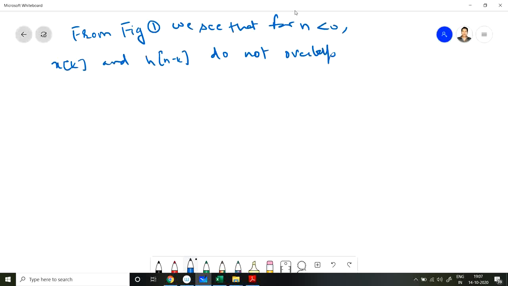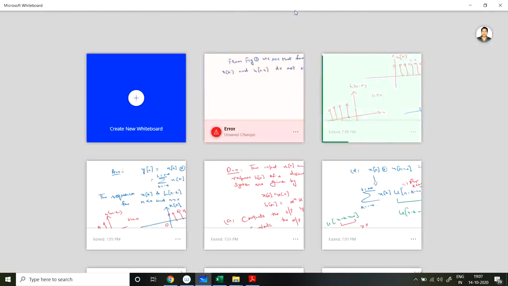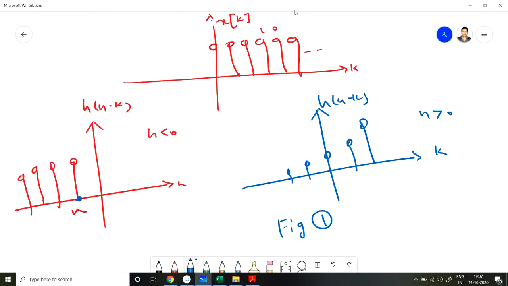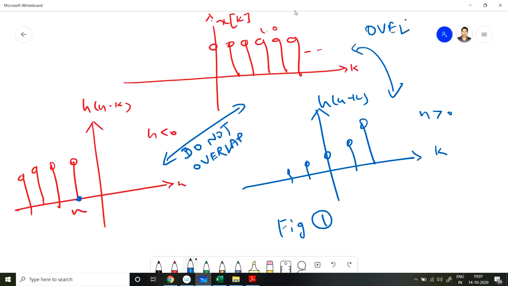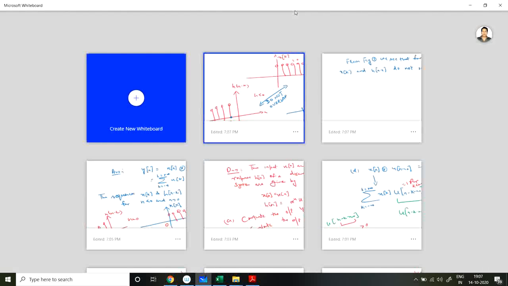If we see the figure, you can find out that this is our x[k] and this is our h[n minus k], so they do not overlap, and these two graphs are overlapping. So for n less than 0, these two graphs are not overlapping, and for n greater than 0, these two graphs are overlapping.